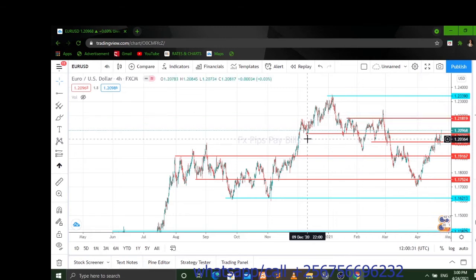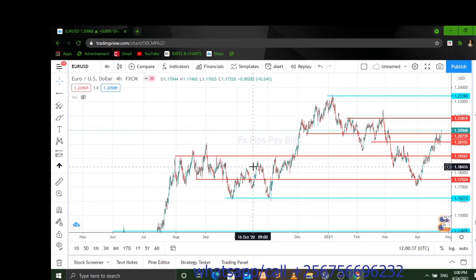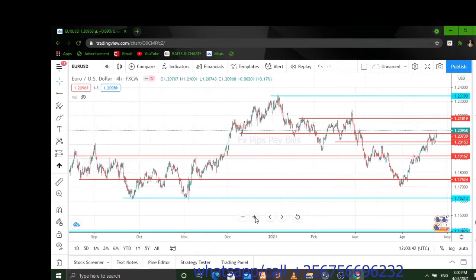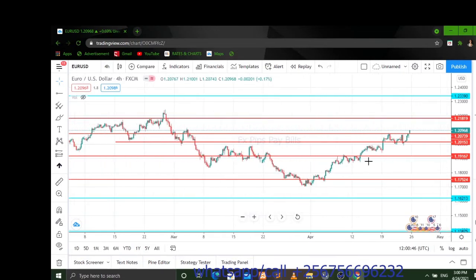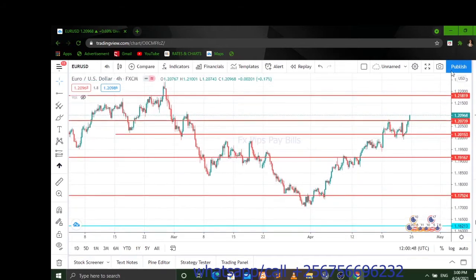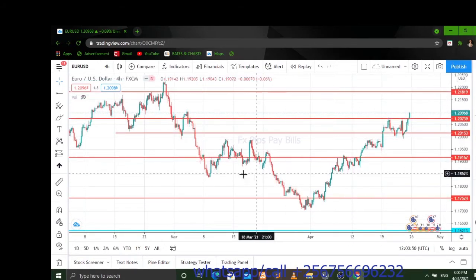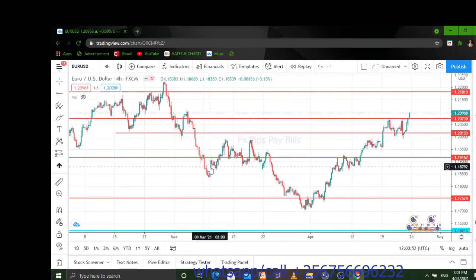Now make sure that you have zoomed out the market well, such that you can see some good data. When you zoom in, those lines may even get close. After zooming in, you can clearly see that some lines are even going beyond the chart, but they still fall within your analysis.